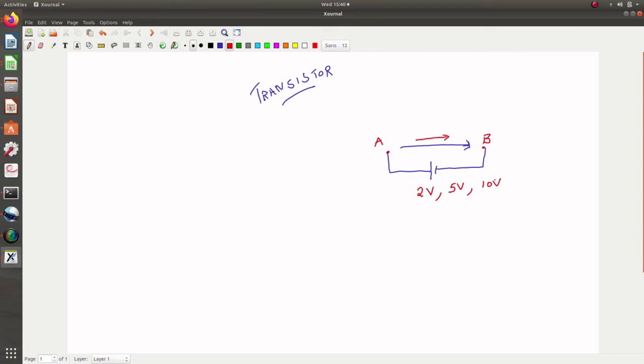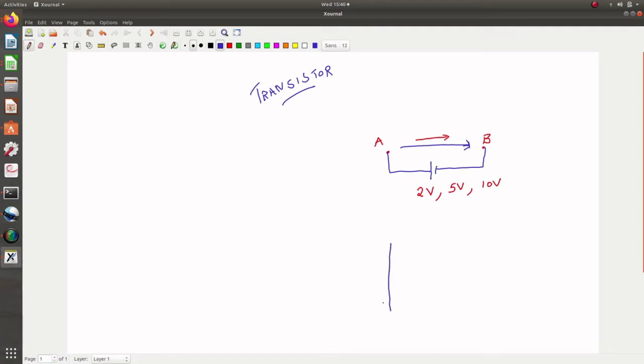Don't think that we can keep on increasing the voltage. There is a breakdown limit. Within the limit, whatever voltage we apply, we have a constant current across A and B. That is the basic objective of a transistor.